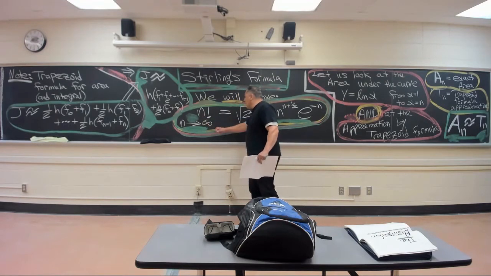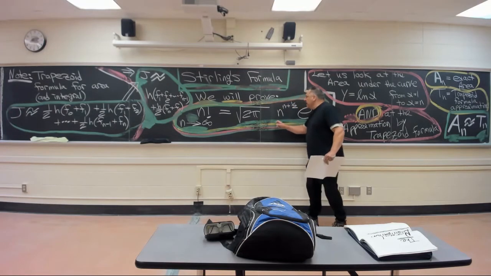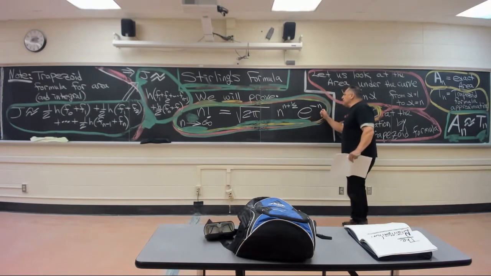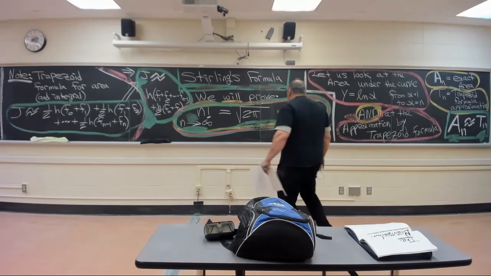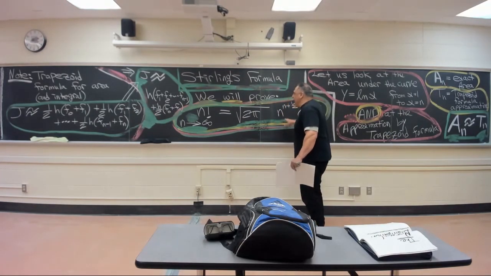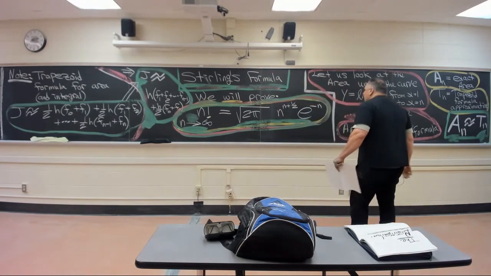N factorial is approximately equal to the square root of 2 pi, times n to the n plus one half power, times e to the negative n. We get very, very close to the answer the bigger the n factorial is.